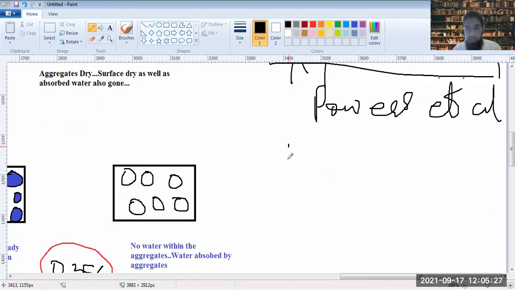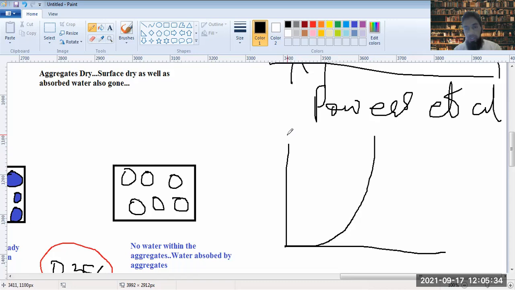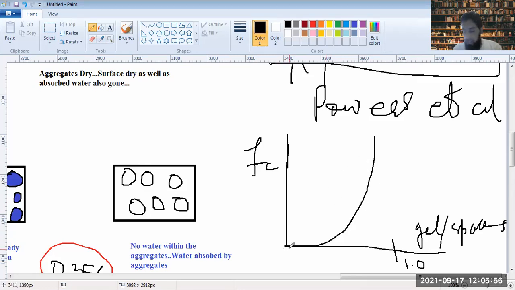So thereby, according to the equation between the compressive strength and the gel to space ratio, the graph is drawn like this. This is strength fc and this is gel to space ratio. So at small amounts of gel, if this is 1, gel to space ratio 1, this is around 0.